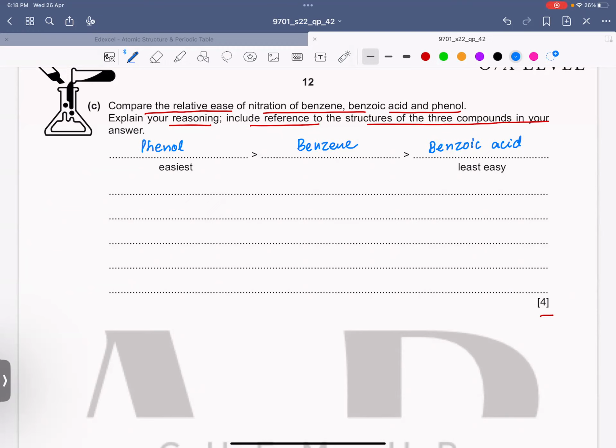So in phenol, the p orbital overlaps with the pi system.